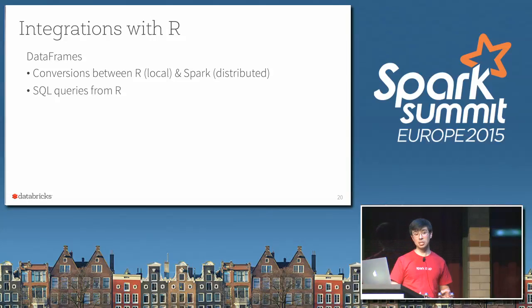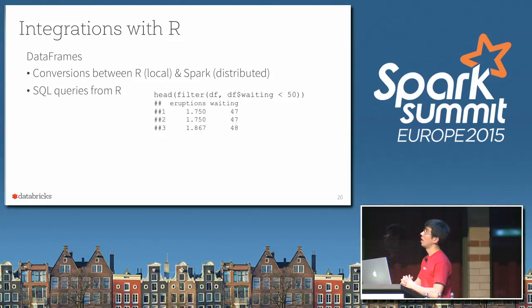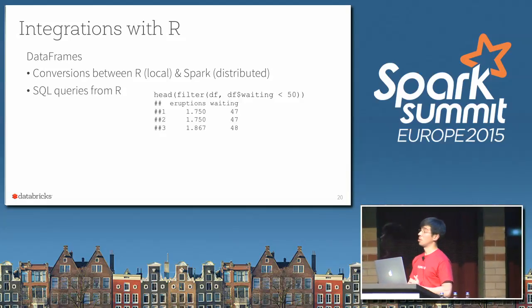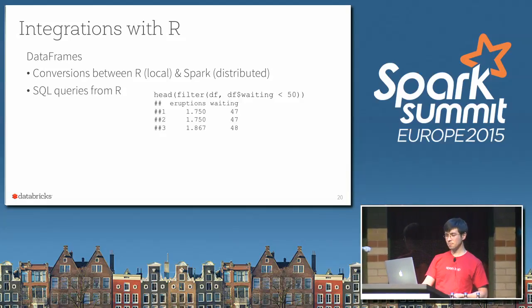They allow for conversions between R local and Spark distributed data frames, as well as SQL-like queries from R. If you're not familiar with the R data frame framework, basically, the API is designed to be very intuitive for R users, but to allow you to do these data frame operations on distributed collections.